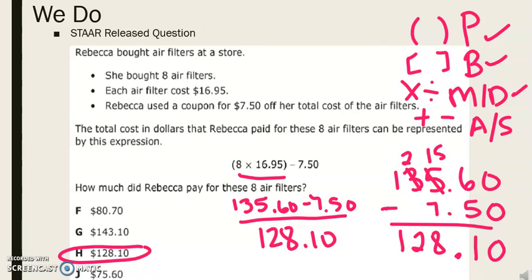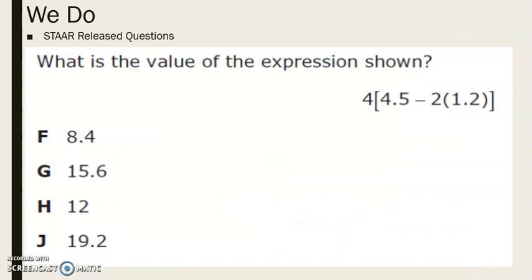Now let's look at our next problem. So it says, what is the value of the expression shown? So we have 4 brackets 4 and 5/10 minus 2 parentheses 1 and 2/10 parentheses brackets. So remember our acronym: please bring my dad apple slices.